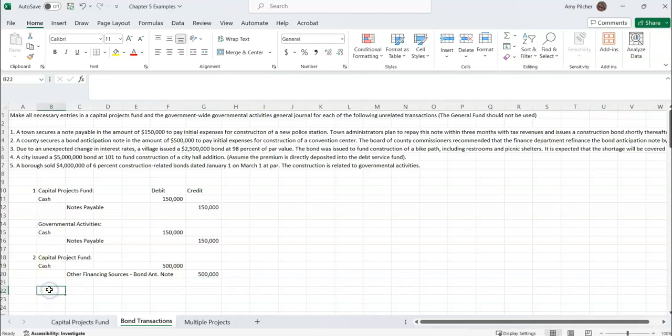And under governmental activities, we have received cash, and then we have bond anticipation note payable.